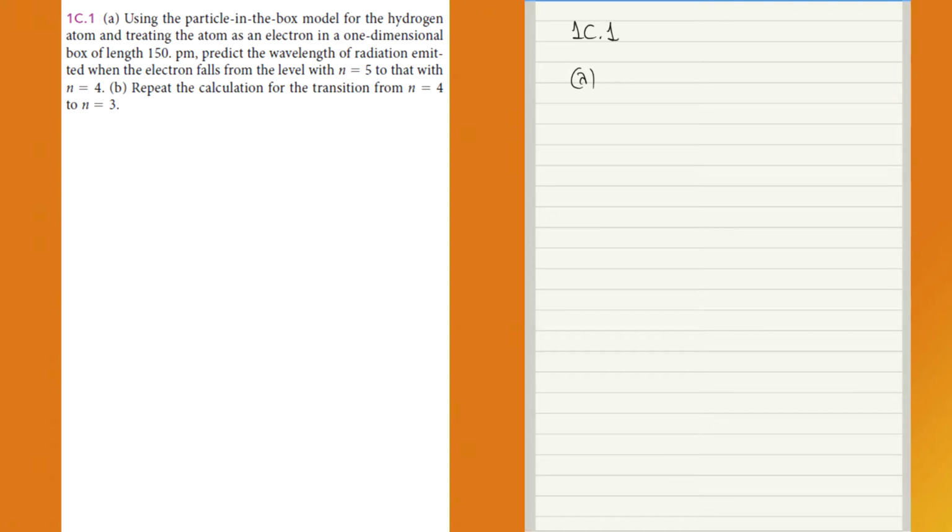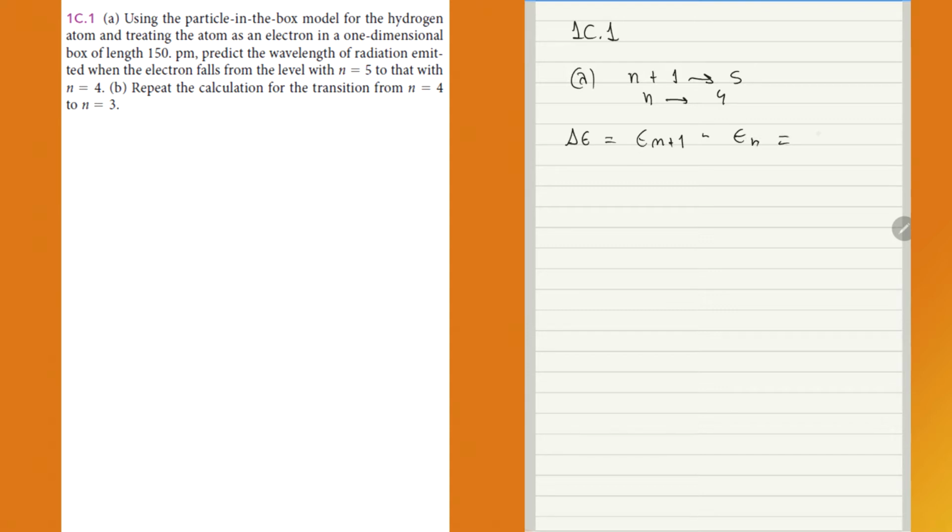So let's get started again. The transition is between the level n plus 1, which is 5, and n, which is 4. We need to know that the energy emitted is the variation of energy, which is the energy of the state n plus 1 minus the energy of the level n.